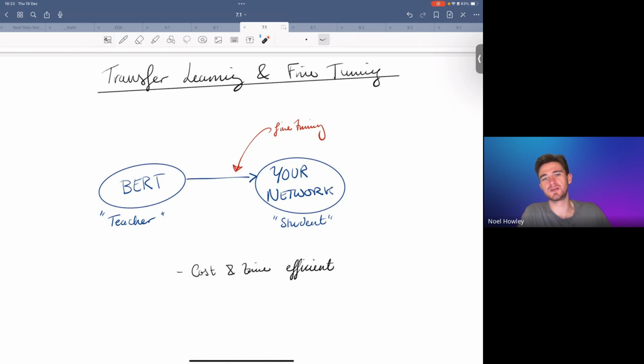So what transfer learning is: we could have a teacher model, which we could call BERT for now. It's one of Google's large language models. We would be using BERT, one of our teacher models, to train and fine-tune our student model. So what's going on here is that we're depending on an already built, very large, very expensive model.